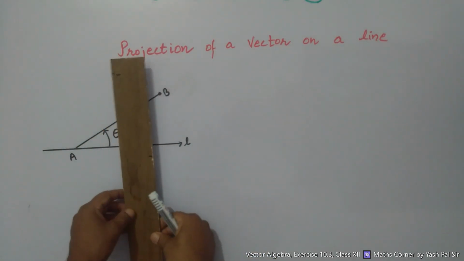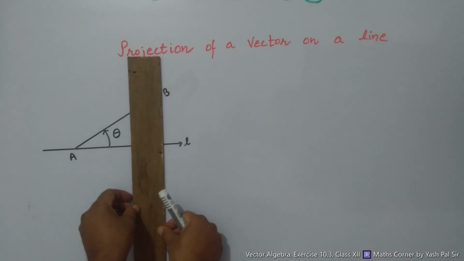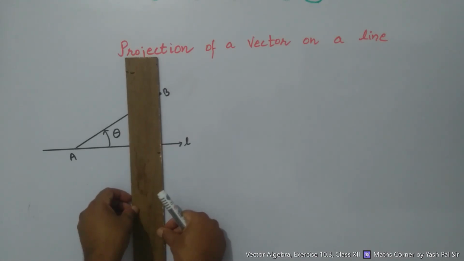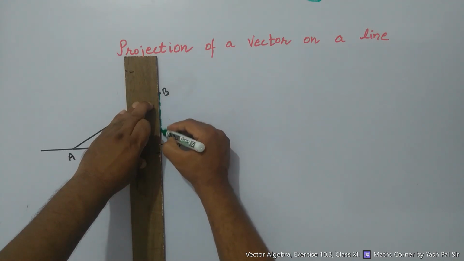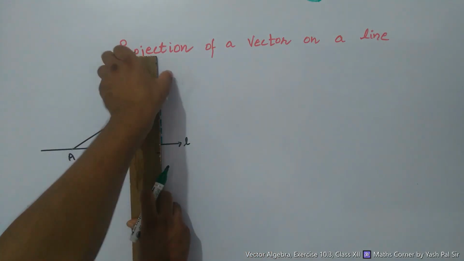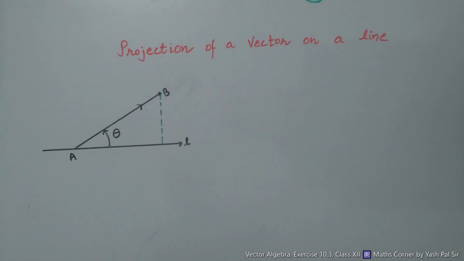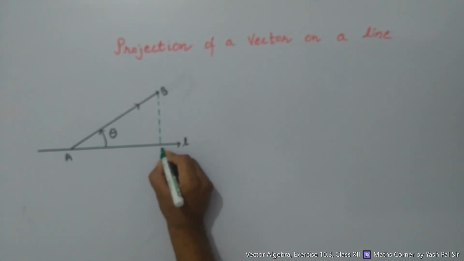From this point B, we draw a perpendicular on the given line. Suppose this is the foot of the perpendicular.